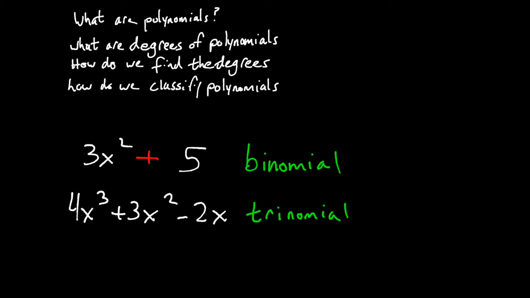The degree comes from the leading coefficient, which right here, the leading coefficient is 3. This is the first term in our binomial polynomial, and its degree then is the exponent on that variable. This is a degree 2.